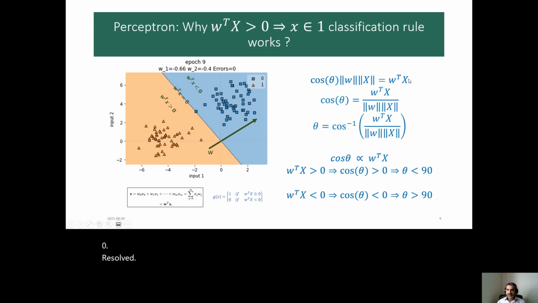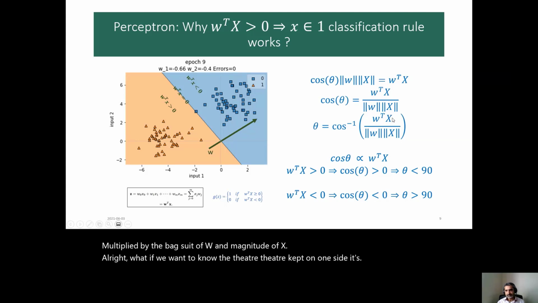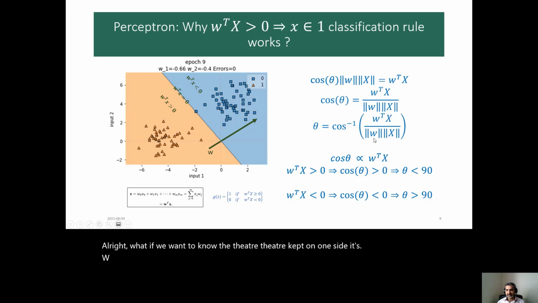And if we expand this W transpose X, it's the cosine of the angle between W and X multiplied by the magnitude of W and the magnitude of X. All right, what if we want to know the theta? Keeping theta on one side, it's W transpose X divided by the magnitude of both.